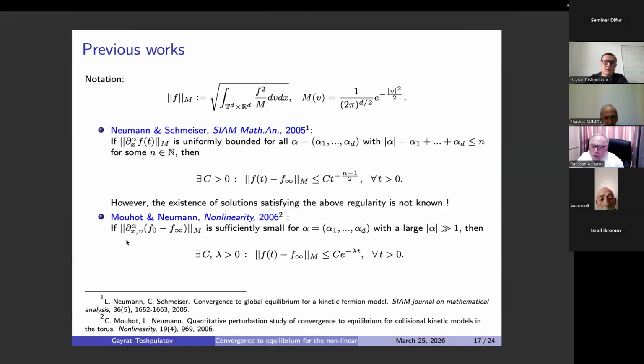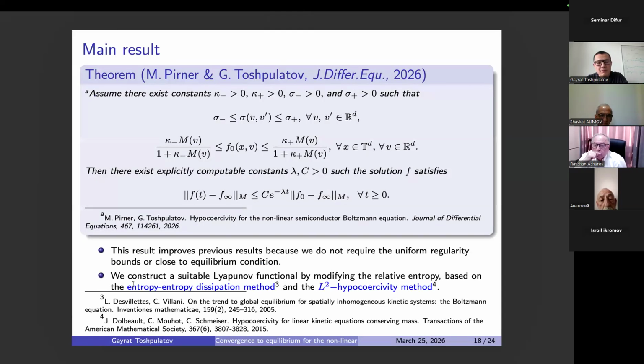This Neumann. Looking at this result, how did you come to the idea that it can be improved, or was there some hypothesis? As I told you, my proof is based on some methods.